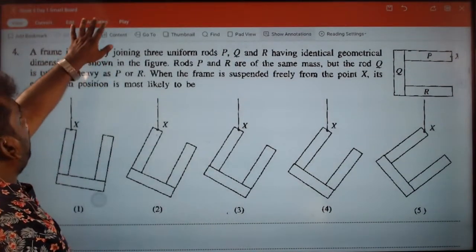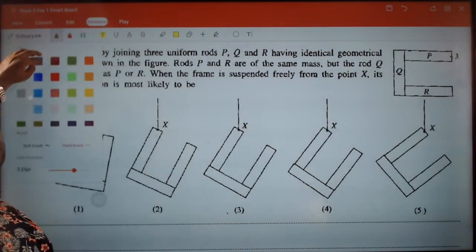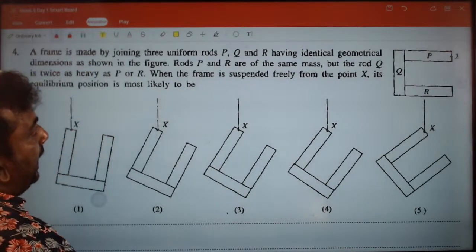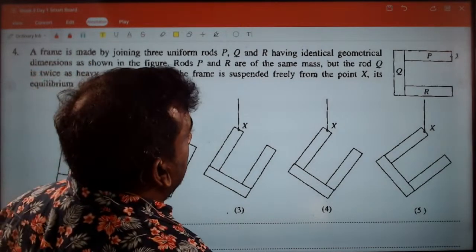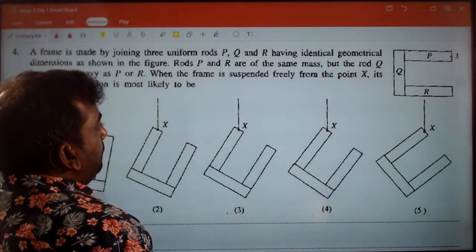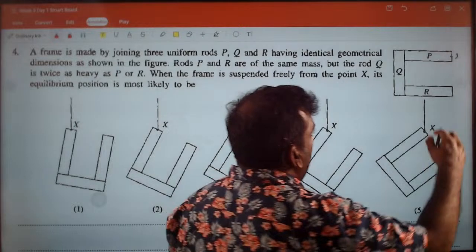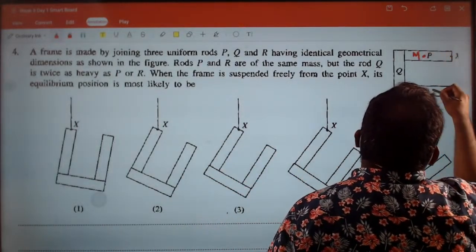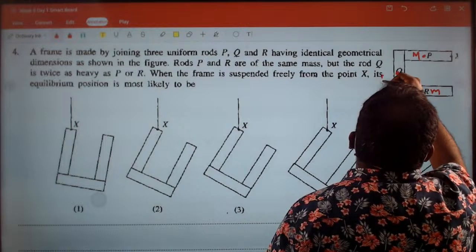A frame is made by joining these uniform rods P, Q, R having identical geometrical dimensions. P and R have the same mass. So here you go, here mass m, here mass m. Here double the mass, 2m.